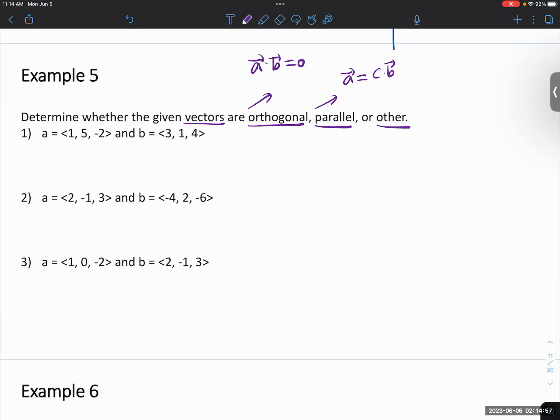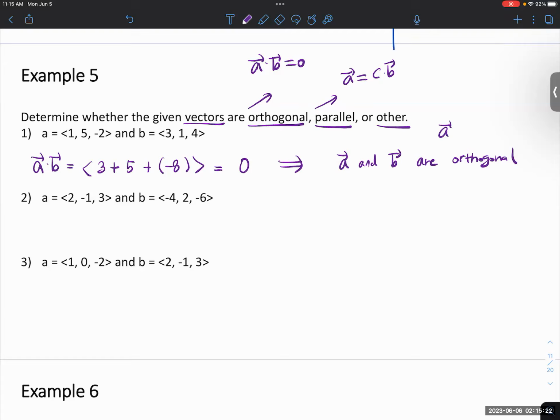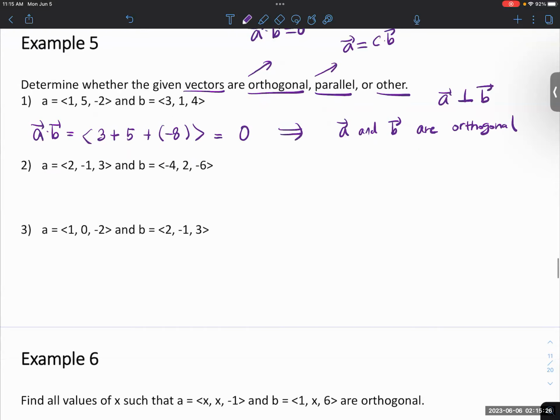So let's find A dot B. 1 times 3 is 3. 5 times 1 is 5. Negative 2 times 4 is negative 8. What happened? 0. So we just proved that A vector and V vector are orthogonal. Mathematically, we rewrite it as A perpendicular to V. That's the symbol.